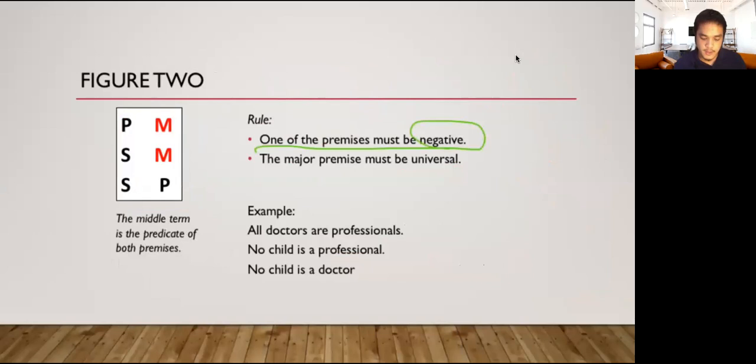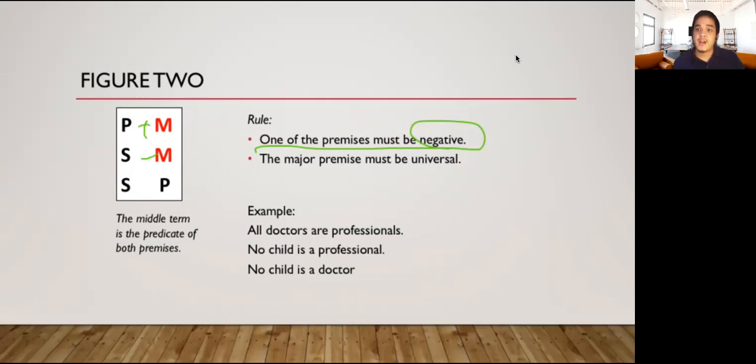Suppose this is negative, the second or the minor premise. Why can't it be both negative? Again, this is a fallacy, the fallacy of two negative premises, and that is rule number seven.